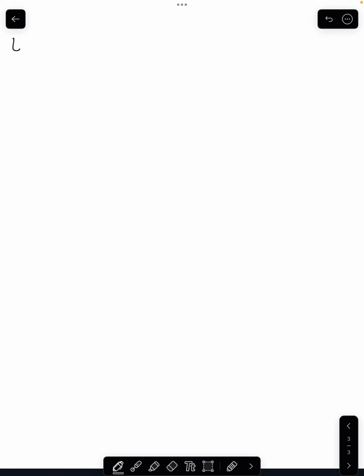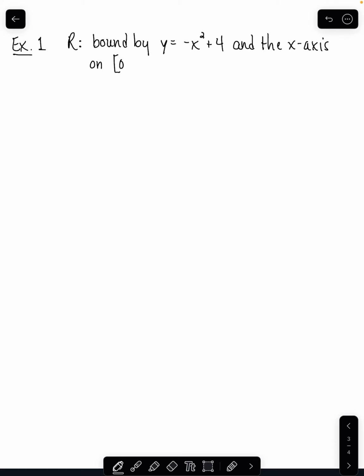So our example here is going to start by defining the region R as being the region bound by the graph of y equals negative x squared plus 4 and the x-axis on the interval from 0 to 2.